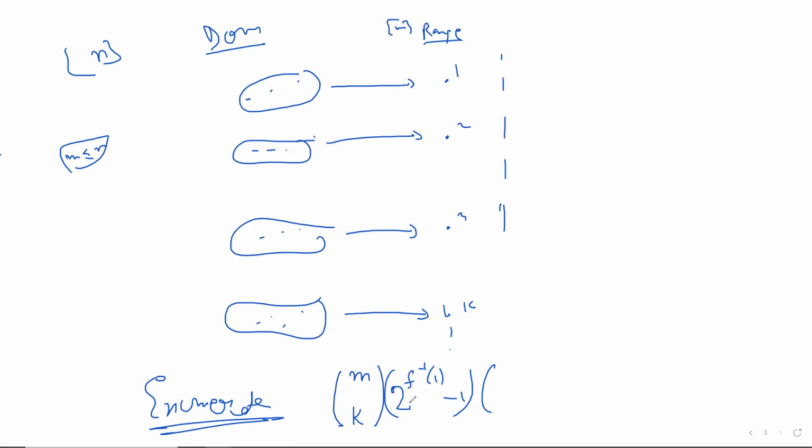That's going to give you 2 to the (size of f inverse of 1) minus 1 choices, because you have to pick a non-empty subset of that. In this way you can enumerate, and then you have to add this over k.